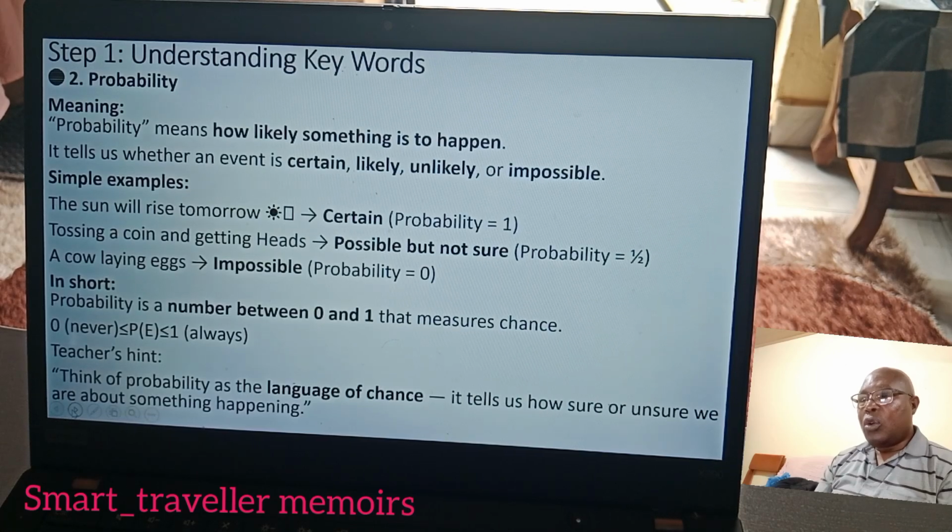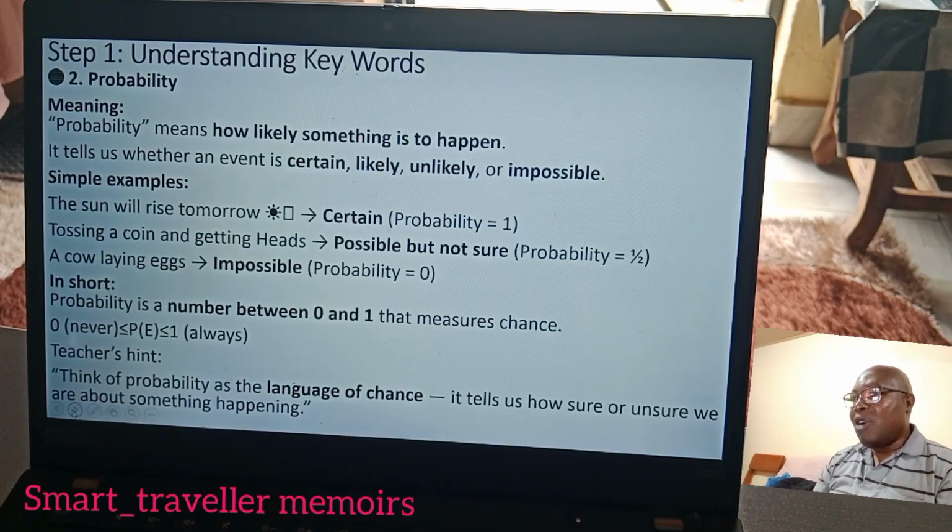So, it will never be less than 0. That is, the probability of an event is greater than or equal to 0 and less than or equal to 1. Always. All right? So, probability lies between 0 and 1. Think of probability as the language of chance.